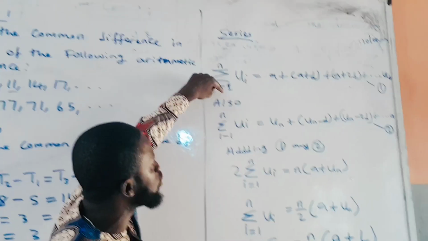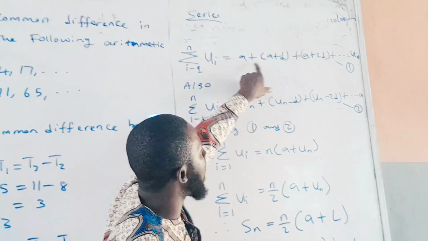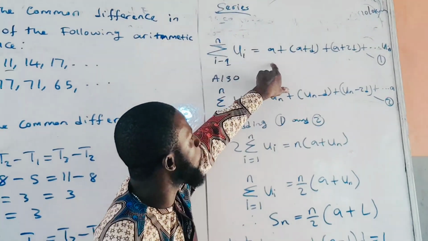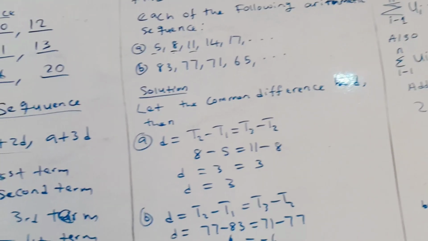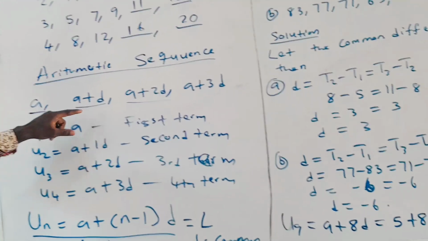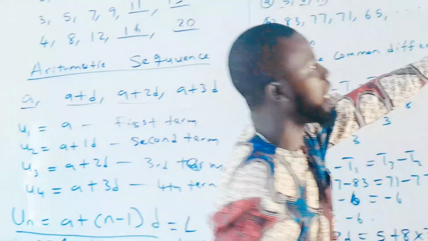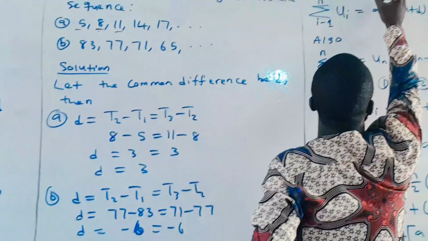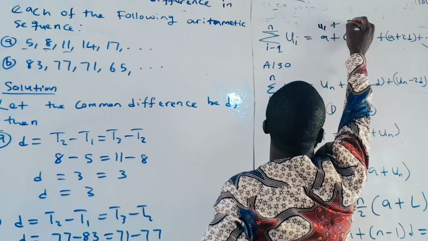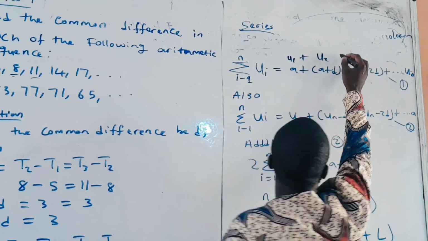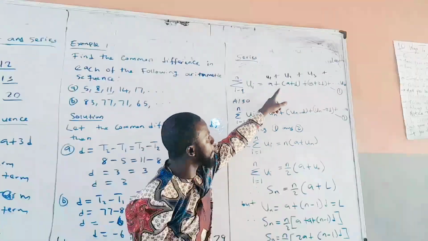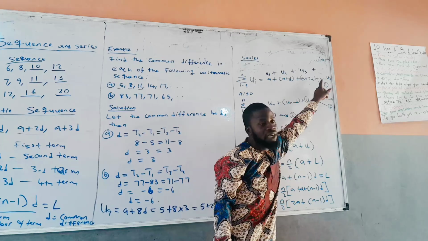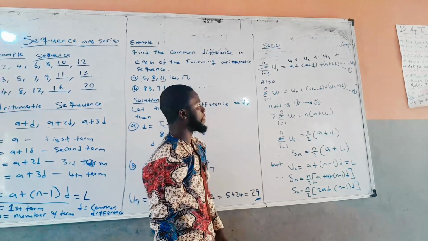By the time I substitute i to be 2, that will be u1 plus u2. And u1 is given by the formula a, the first term, and u2 is a plus d. So this is still the same thing as u1 plus u2 plus u3 plus dot dot dot up to your last term.